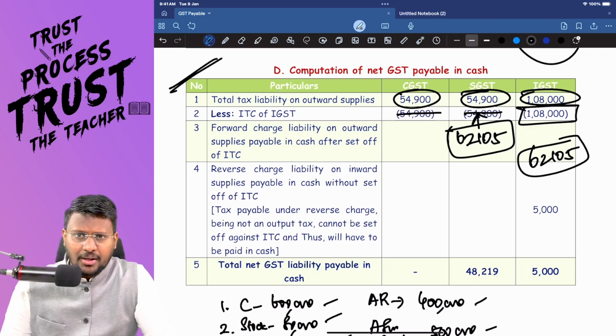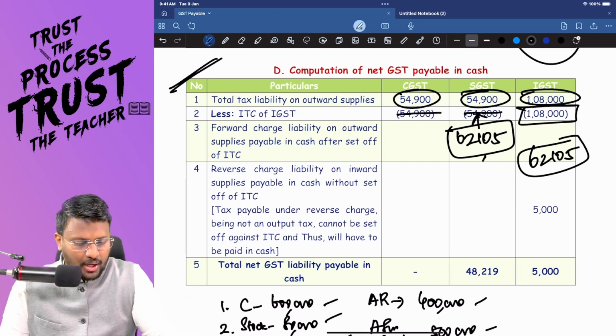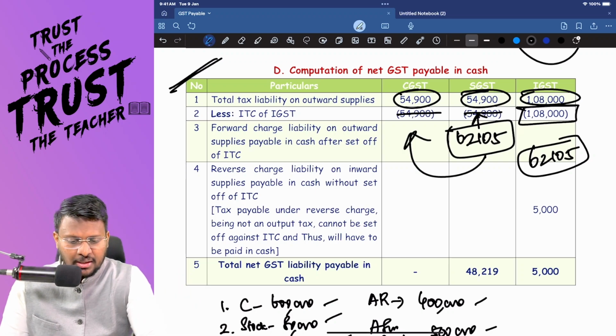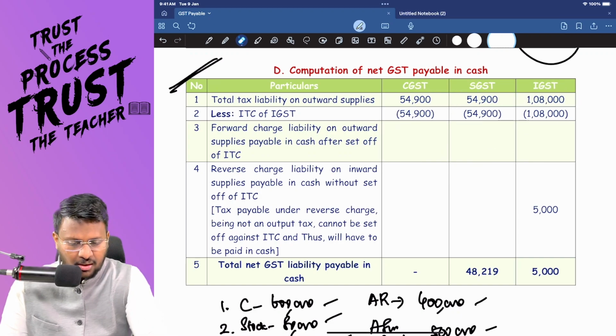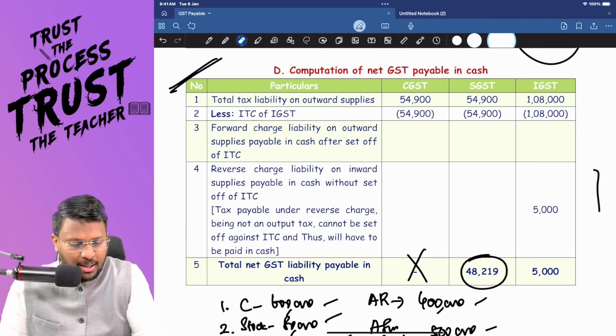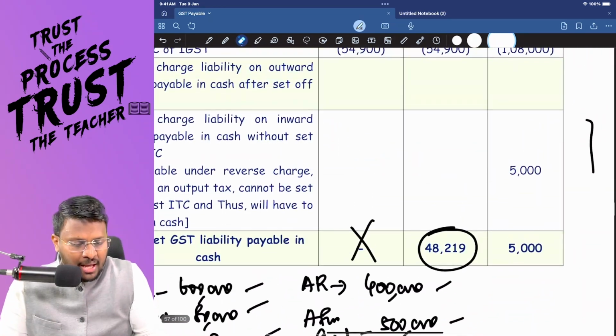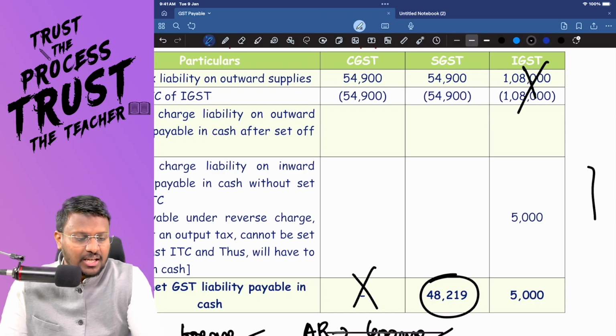So whatever IGST balance credit you are having, do you have balance credit? Yes, sir. So you set off 62,105 against the SGST or CGST, because they want to pay more cash in SGST. So you can knock this off against the CGST. So you will be getting CGST payable as nil, SGST payable of this amount, which will change based upon the calculation. And the IGST payable will become 0.